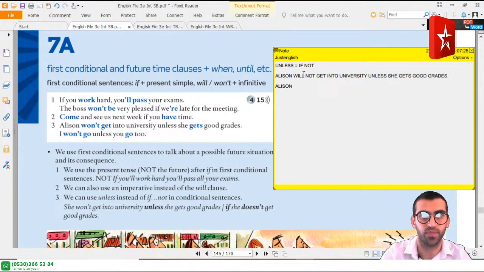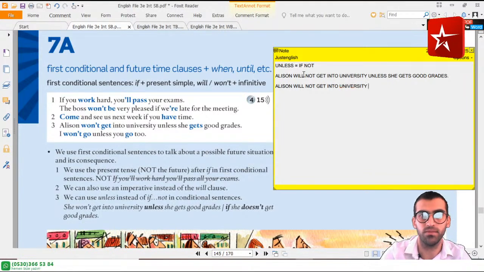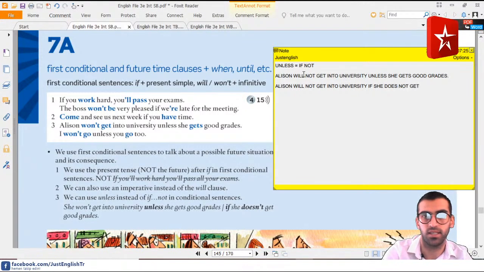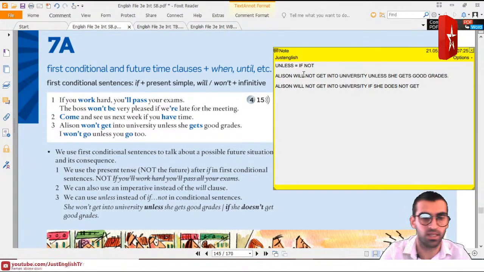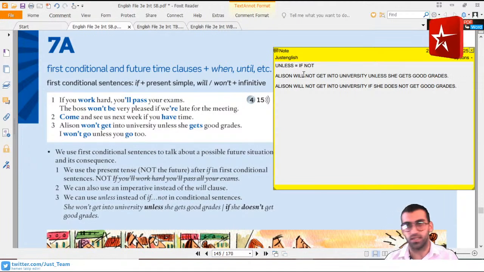Alison won't get, it means, into university if she doesn't get good grades. Yes, look at this sentence. Alison will not get into university unless she gets good grades.